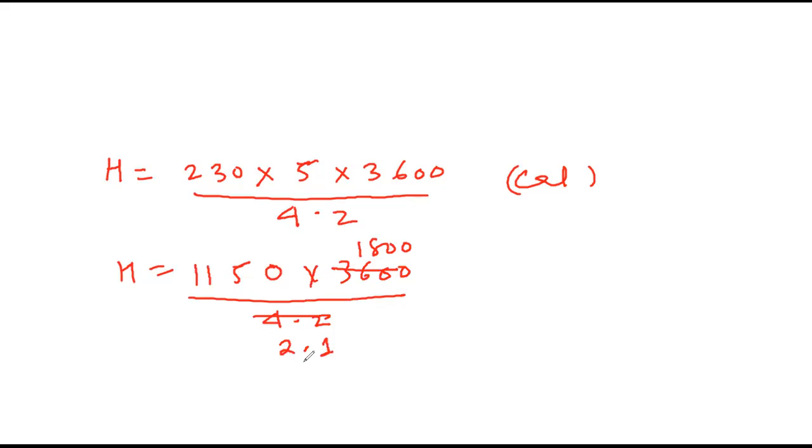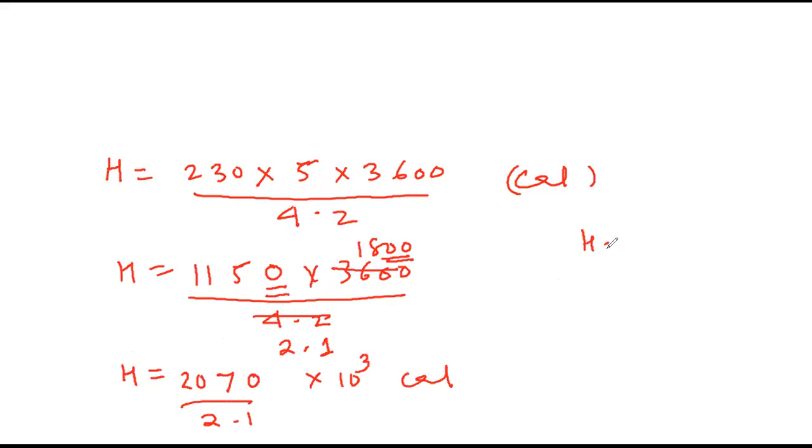This has to be divided with calculator or with log if you are knowing. 18 into 5 is 90, carry 9. 18 and 9, 27, carry 2. 18 and 2 is 20 into 10 raised to 3 upon 2.1 calorie.